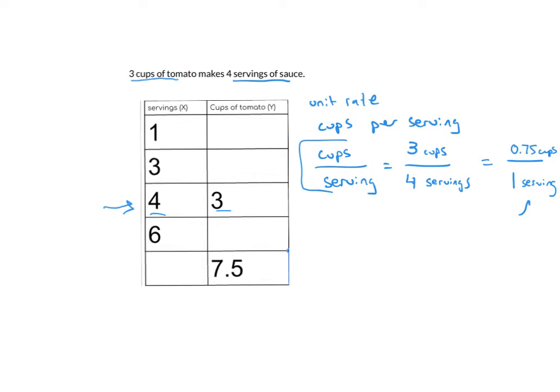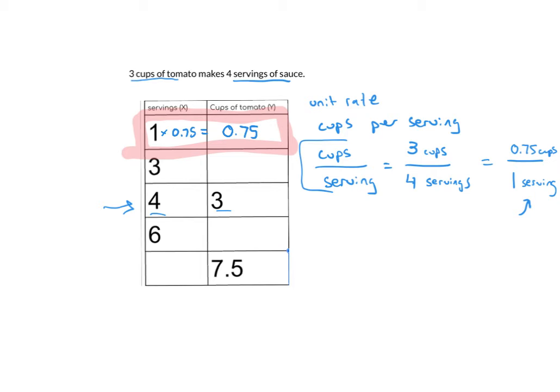Now that we have this unit rate, 1 serving, we can find where 1 serving lives in our table. 1 serving lives in our table where x equals 1. So right there, we know right away that the number of cups we're going to need for 1 serving is 0.75. And now we can use that unit rate as our multiplier for anywhere in this table where we already know x. 1 times 0.75 is 0.75, so that gives us our y.